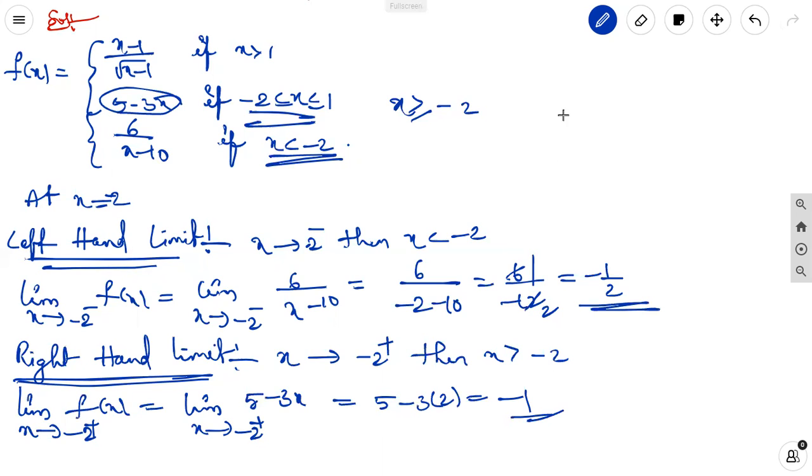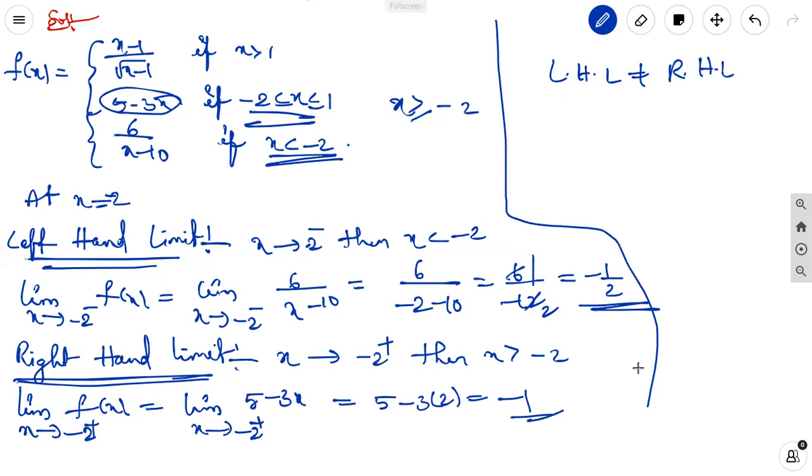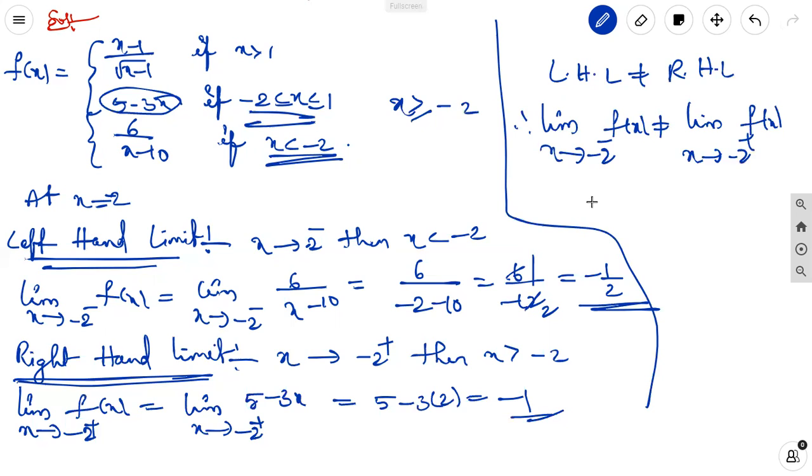So here clearly LHL is not equal to RHL. Therefore, limit x tends to -2 minus f of x is not equal to limit x tends to -2 plus f of x.